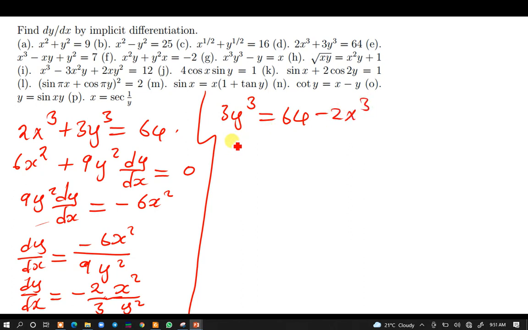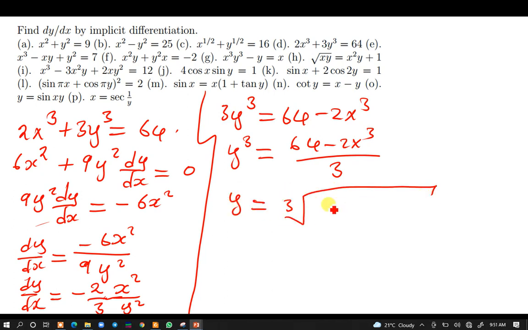So we divide everything by 3. Then we make y the subject, meaning we're going to have the cube root of everything this side, which will be 64 minus 2x to the power 3, and then everything over 3.